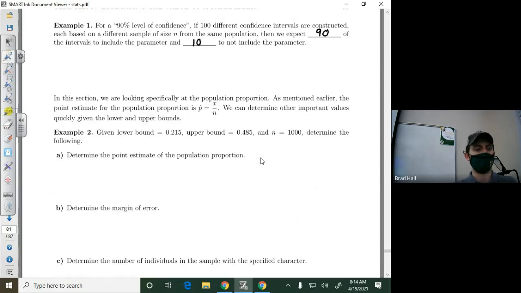Now let's turn our attention to population proportions. I mentioned this in an example above. For the population proportion, we generally need three things: the point estimate, the margin of error, and the level of confidence.